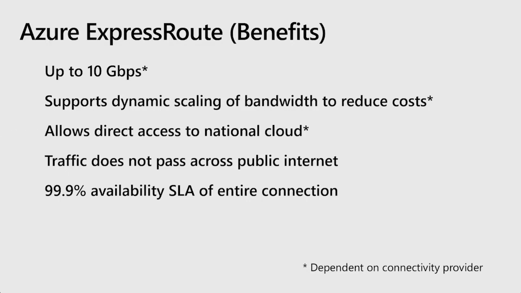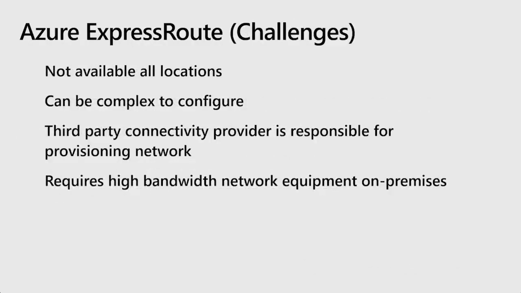But the key point is that this traffic between you and Azure via this ExpressRoute connection will not pass across the public internet. And because of that, you get this benefit of a 99.9% availability service level agreement of this entire connection. Remember, that's different to the VPN, where Microsoft was only guaranteeing their VPN gateway at their end. That all sounds pretty good. But there are a few considerations with Azure ExpressRoute.